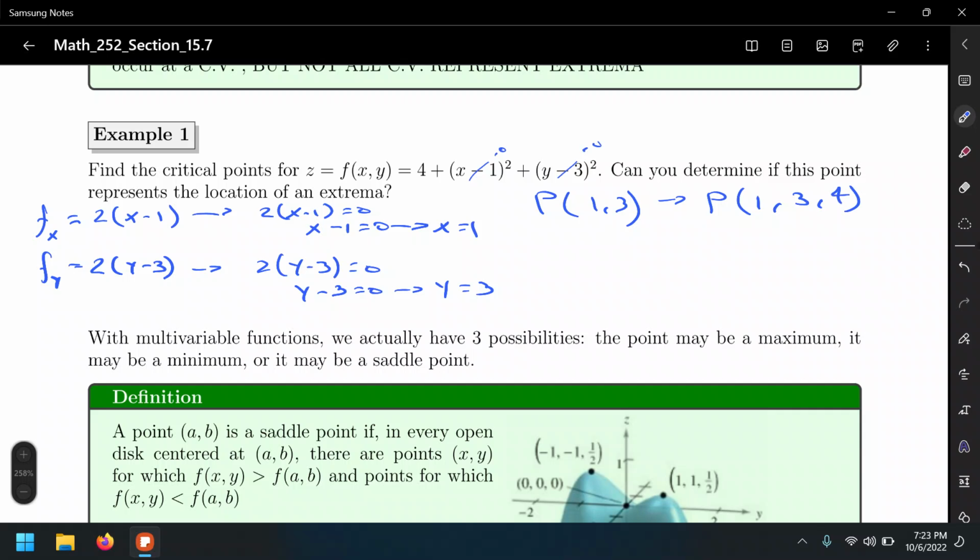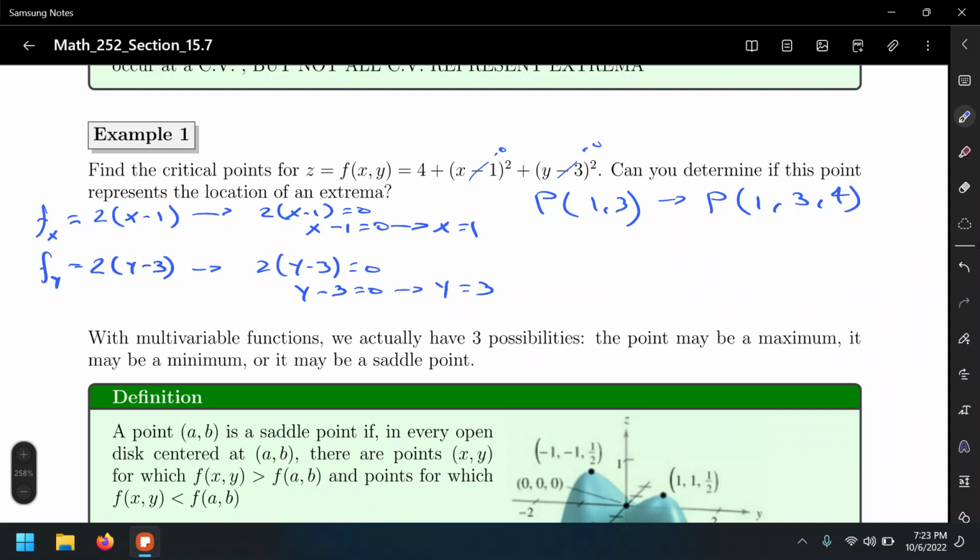So only the 4 survives over here. All right? Well, can we determine what kind of extrema this represents? Is this a minimum? Is this a maximum? So far we don't have the tools to determine. We will get those tools in a couple minutes.